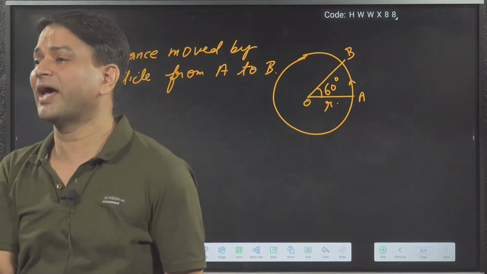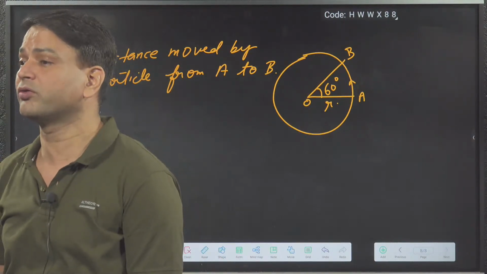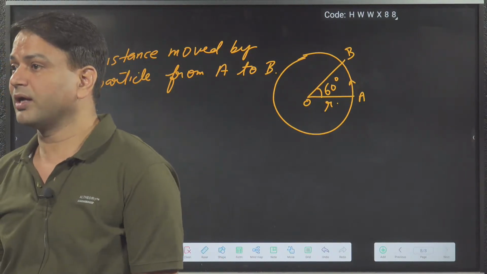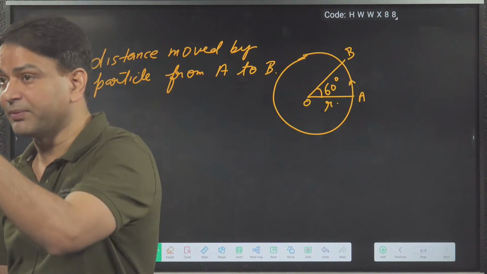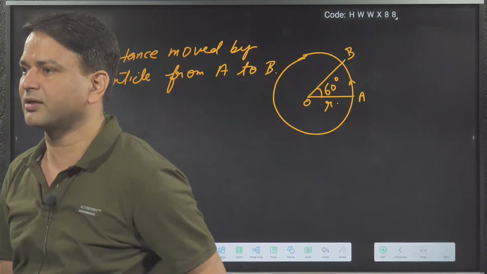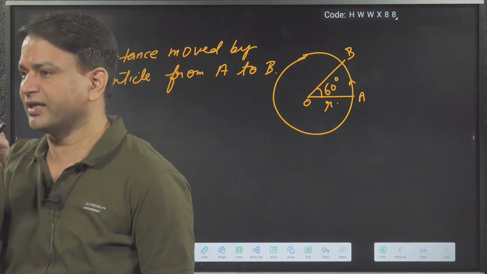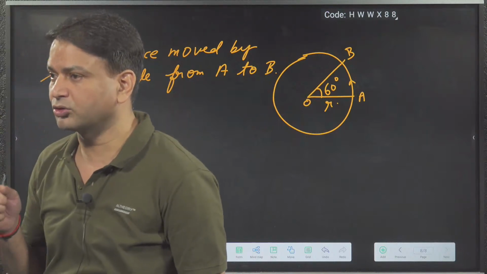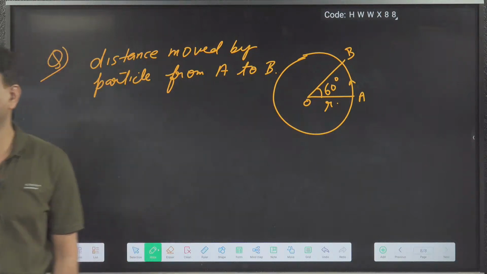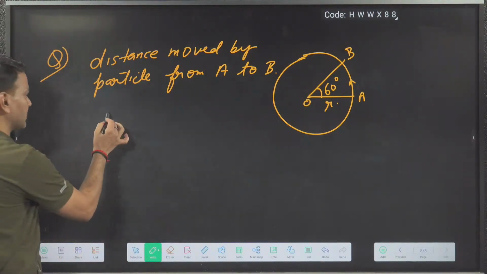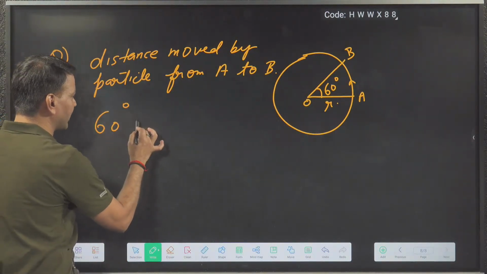But here the angle is given in degree. You said 60R directly, but this 60 is in degree, and I cannot use degree in that formula. So first I have to convert 60 degree into radian. Everybody getting it or not? So first, 60 degree is equal to how much radian?